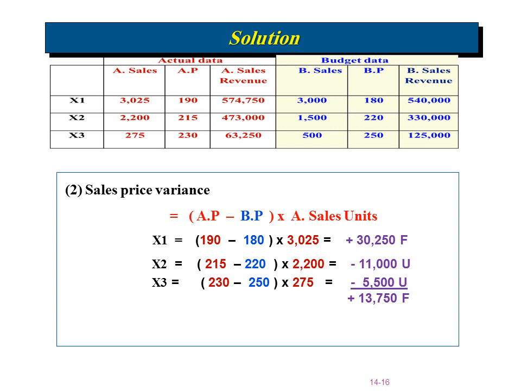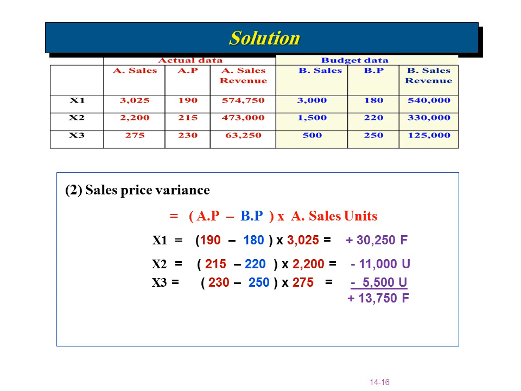Again, for X1, X2 and X3. The total of them, maybe some of them positive, favorable, and negative, unfavorable. For revenue, again for revenue, this is my total. Positive means favorable, 13,750.